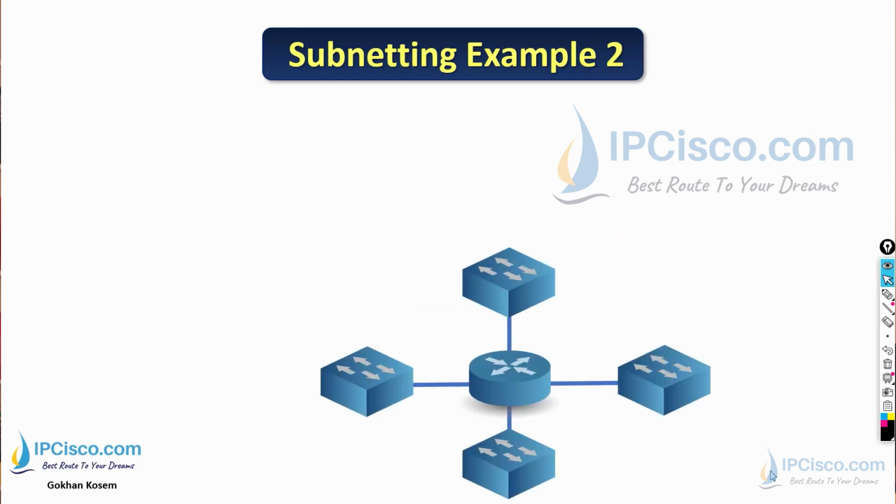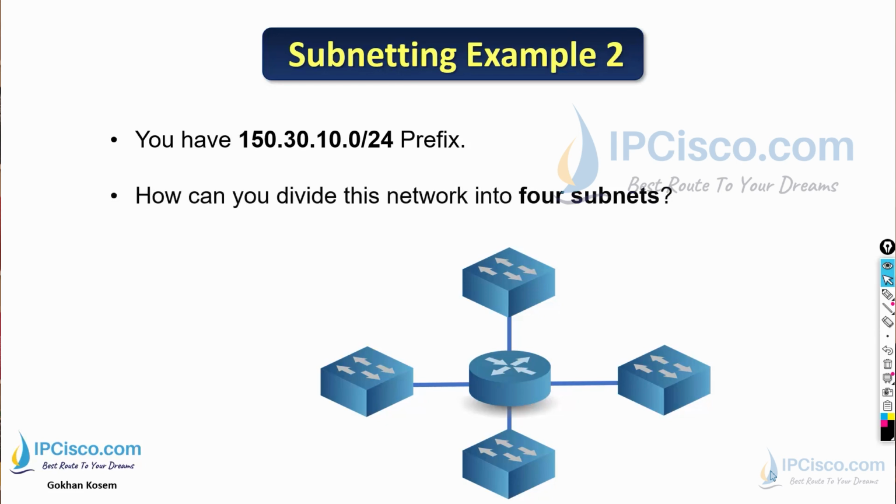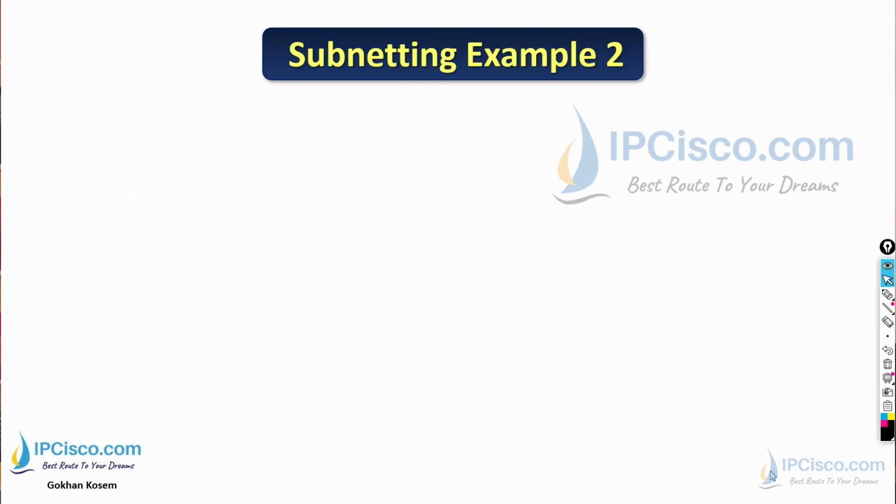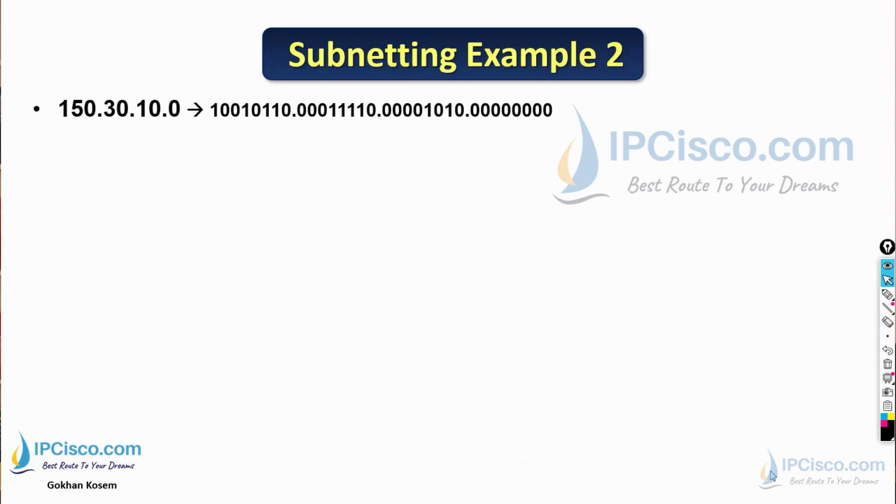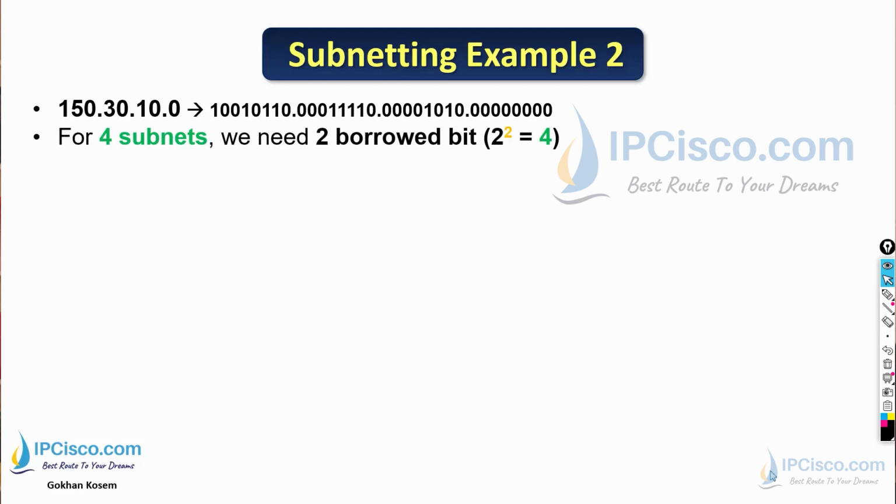Another example, we have 4 subnets here and we have this prefix. And how can we divide this network into 4 subnets? Let's write the IP address in binary format again. And here we need 4 subnets. To reach 4, we need 2 to the x equal to 4. So what is x here?